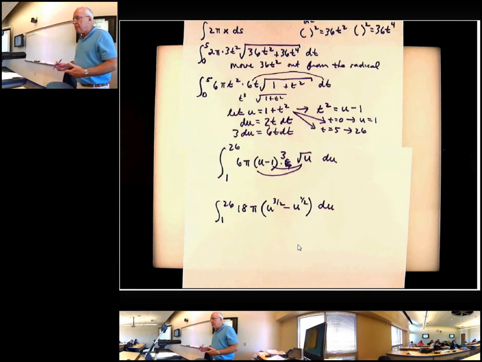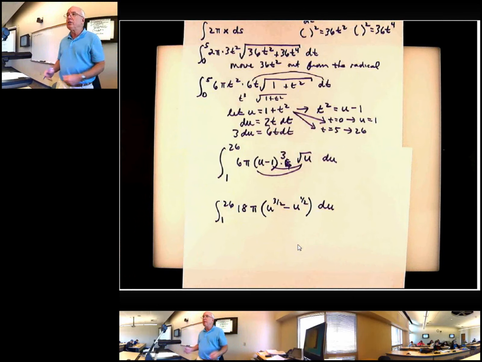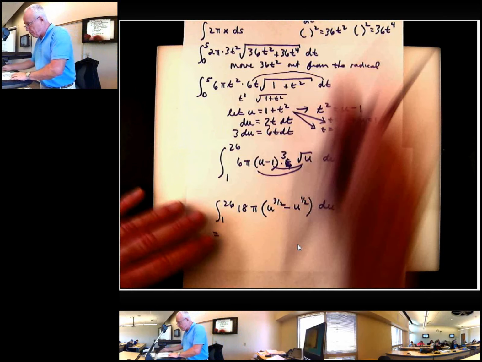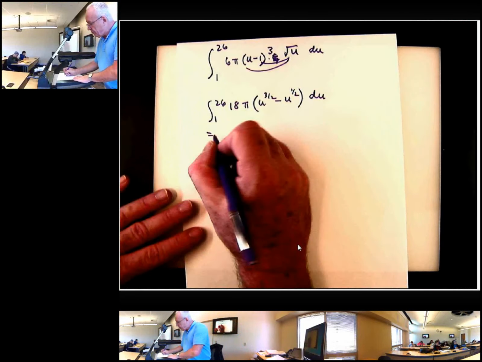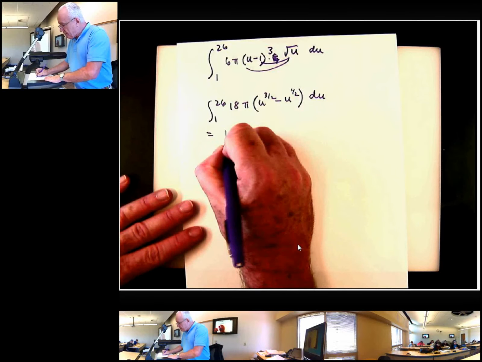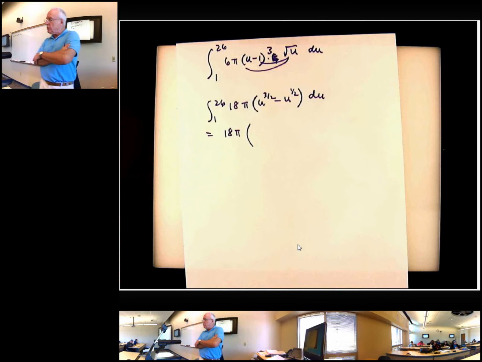Okay. All right. So with this substitution, we've been able to get it now into a manageable antiderivative. We can just do that now. Okay, so let's see. We have 18 pi, and then this is going to be what?